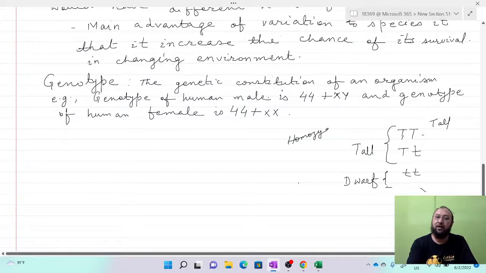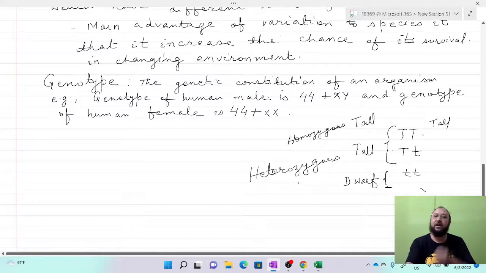Now understand what is homozygous and what is heterozygous. This is homozygous tall, and this is heterozygous tall. Both are tall, but this is heterozygous tall.